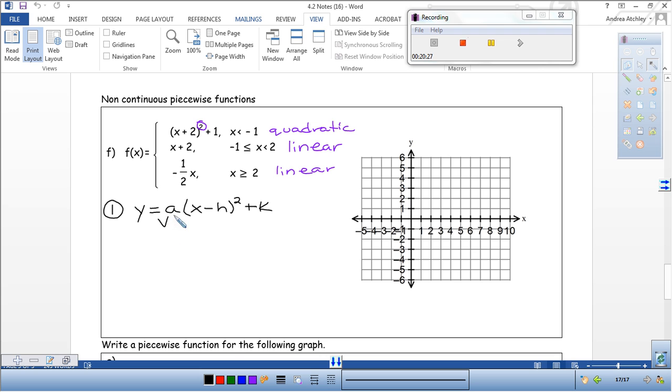Remember, our vertex is h, k. And our a value is our stretch and our shrink. Remember, quadratics don't rise at a constant rate. They rise at a patterned rate: a, then 3a, then 5a. So it's the 1, 3, 5 pattern.